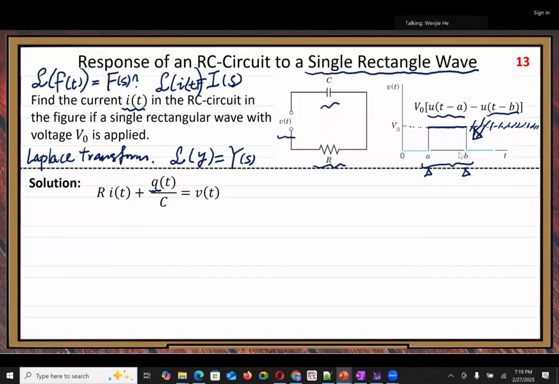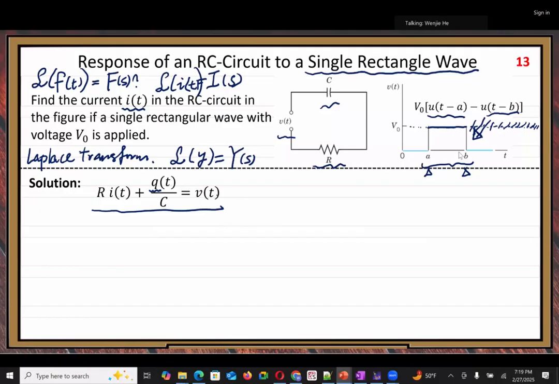So we have to use little q to represent the electric charge in that capacitor C. So now this is our first equation.